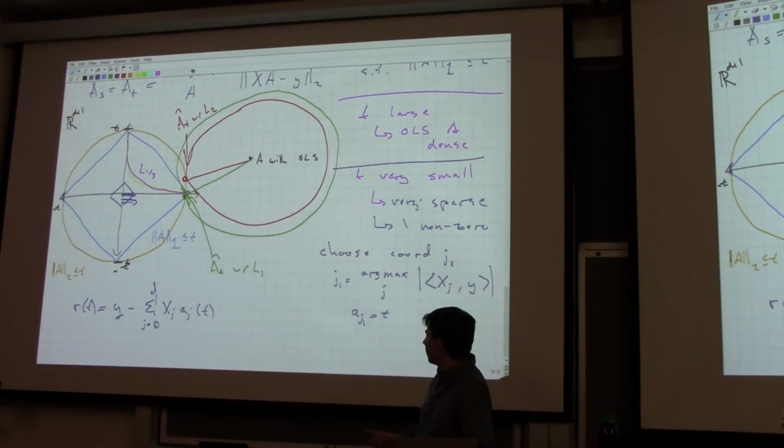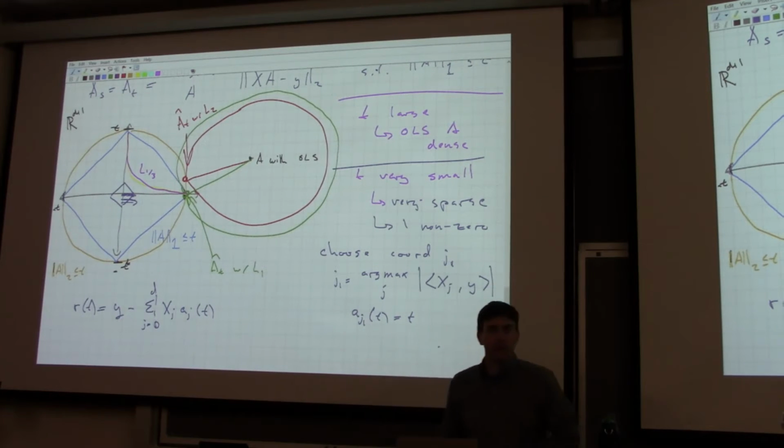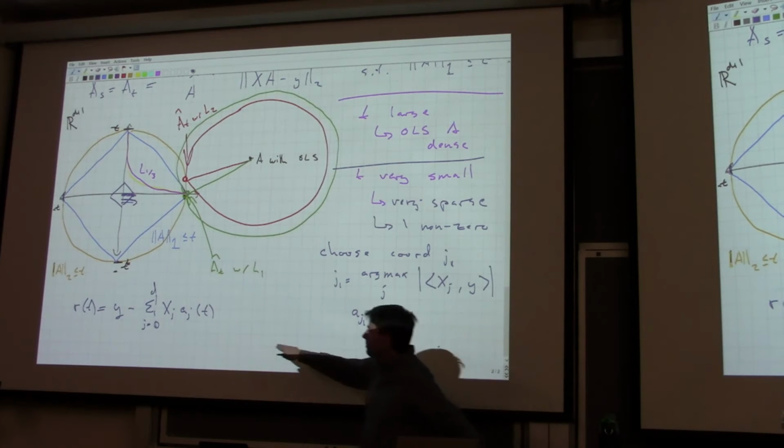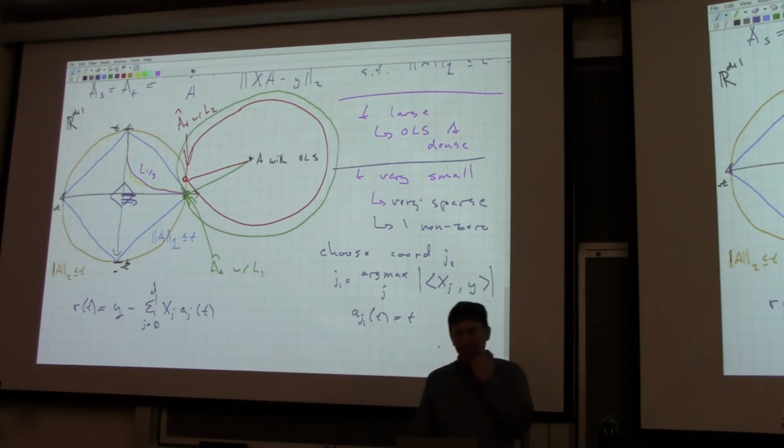So this is a_j as a function of t. Let me write this slightly differently. a_j as a function of t is equal to t. And so when I only have one coordinate, most of these terms are 0 except for one of them. And then at some point, I need to add one more of these terms.